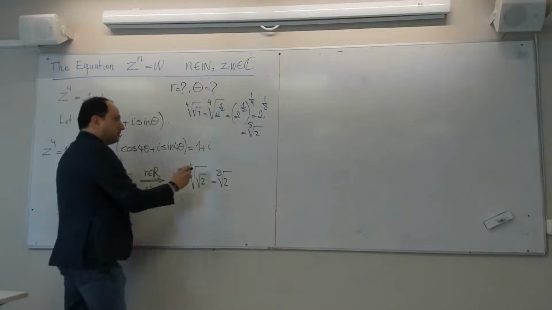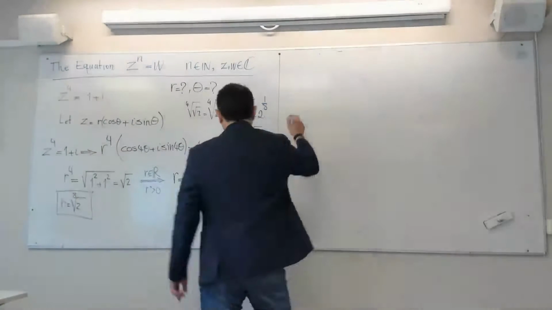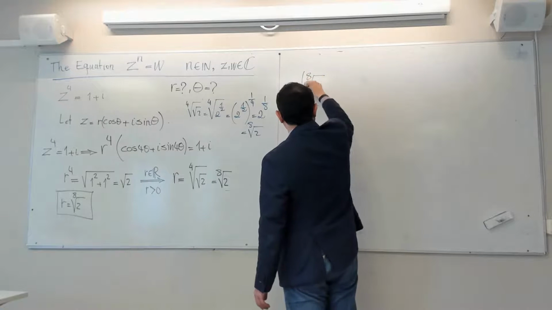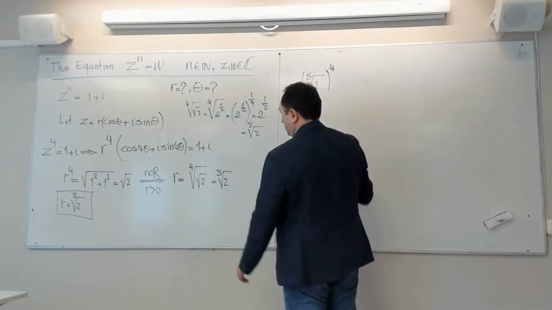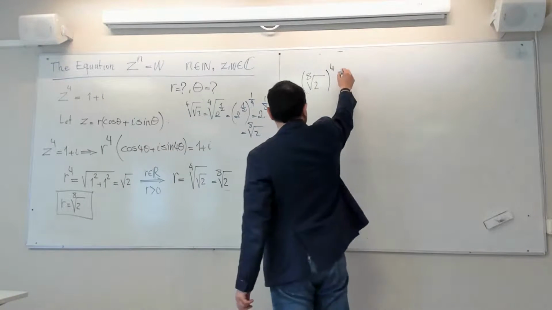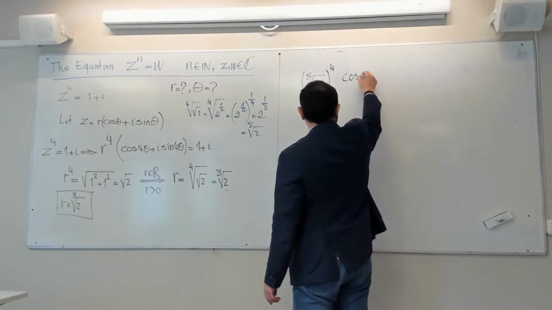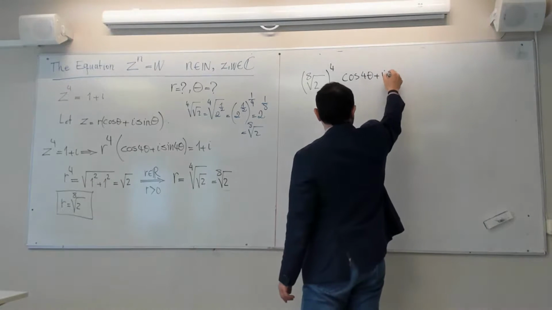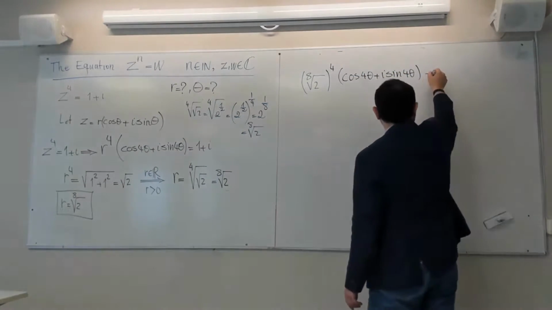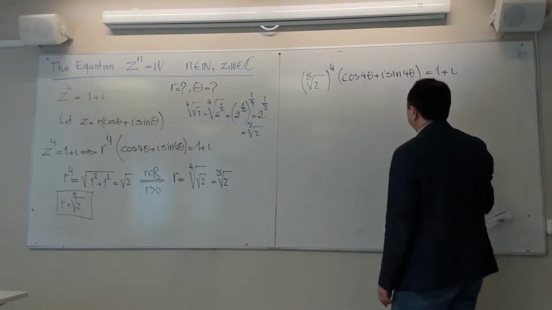So it becomes the 8th root of 2 to power 4, instead of r, I put in this number, and then multiplied by cosine 4 theta plus i sine 4 theta. And on the right-hand side, I will have 1 plus i.